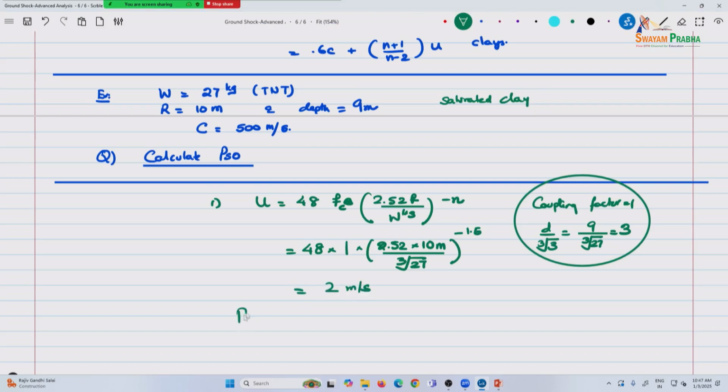So PSO is 2 multiplied by 1500, where rho is 1500 kg per meter cubed. So this is rho C U multiplied by 500 meters per second.